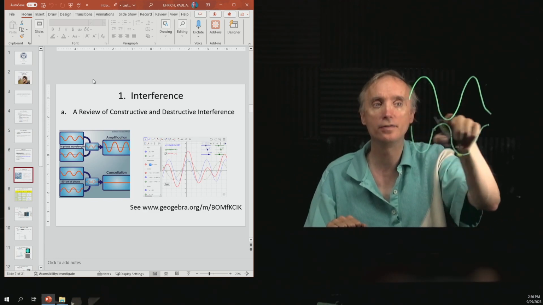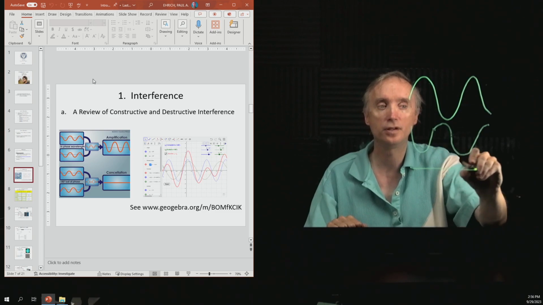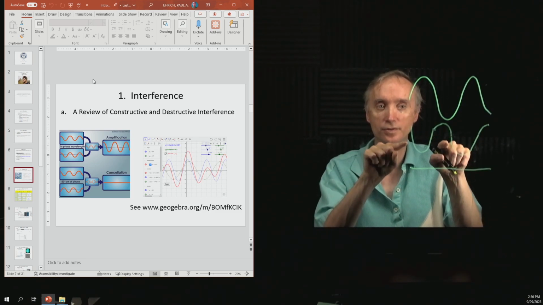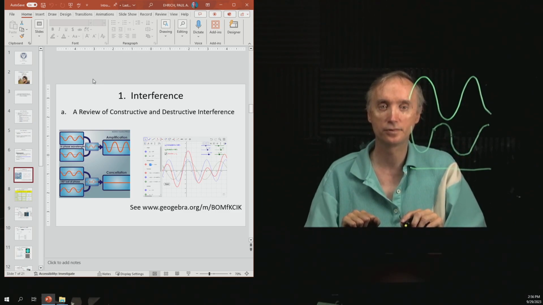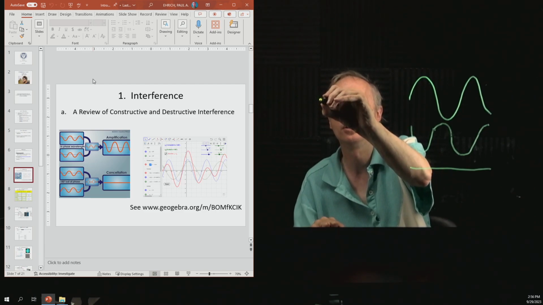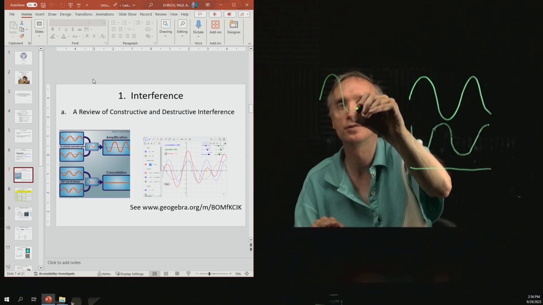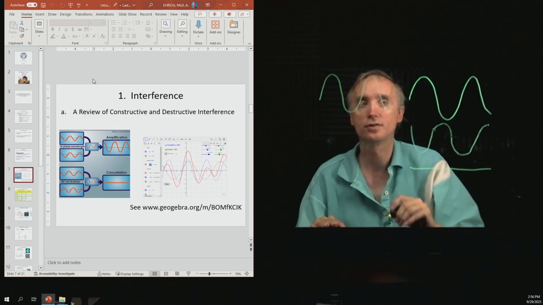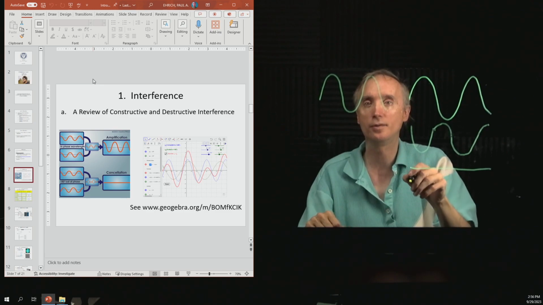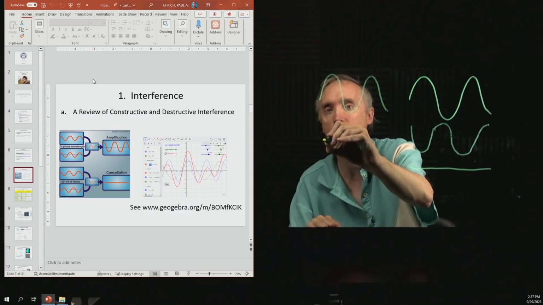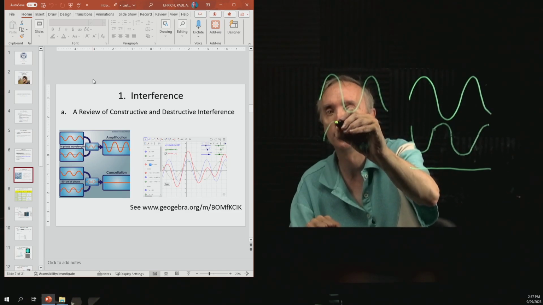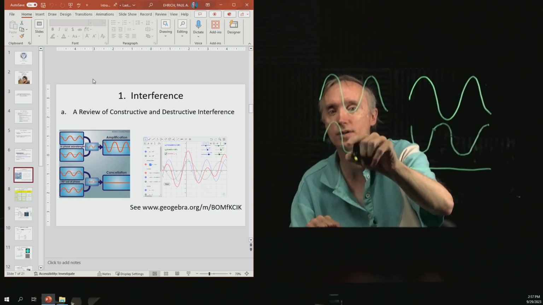And so when you add the two together, you get nothing. Okay, so this is total destructive interference. But you could have a situation, let's put it over here, where you got the same wave, so it's going up and down, so it's still the same frequency, it's still the same wavelength, but this time we're going to superimpose it on top of a wave that is also going up when this one goes up, and then it goes down when this one goes down.